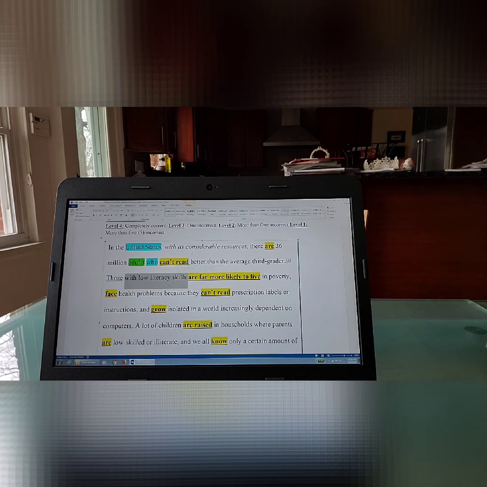Now, is it clearly indicated with these two commas like it is up here? Not necessarily, right? But we pretty much know that with low literacy skills is giving us more information about those. Now, those is a what? Pronoun, right?